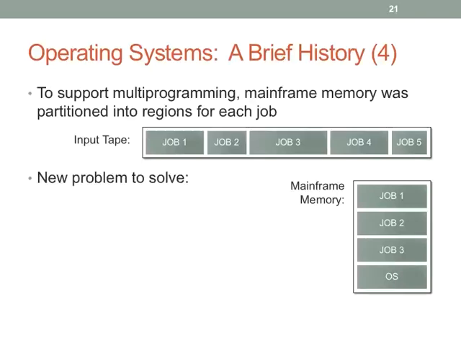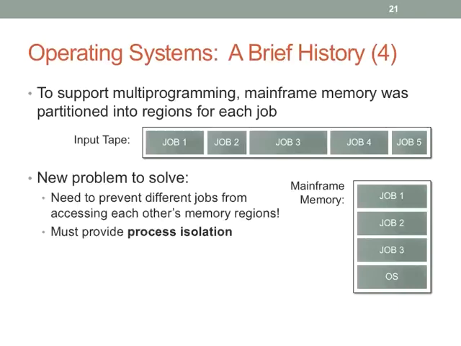Okay, so this is the memory in the mainframe. And so we have to start providing process isolation. If we're going to have multiple things happening at the same time, and we don't trust them all to get along, then we need to be able to isolate them. So you can start thinking, okay, I remember CS124, process isolation, virtual memory. I have to have some kind of virtual memory abstraction.